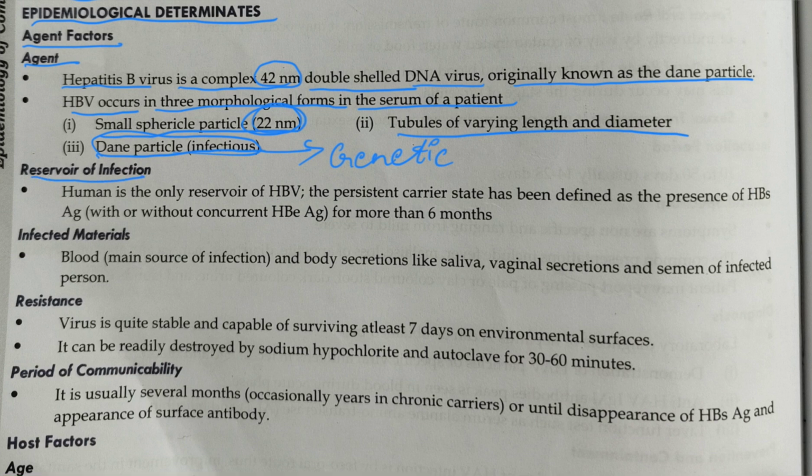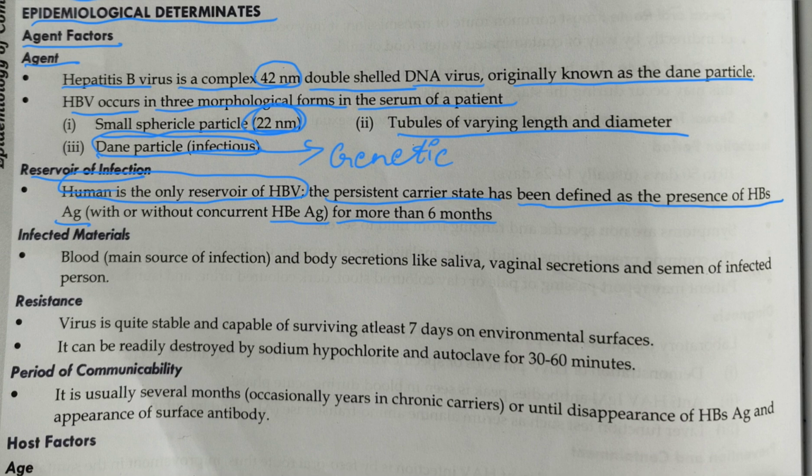Reservoir of infection. Human is the only reservoir of hepatitis B virus. The persistent carrier state has been defined as the presence of HBsAg, that is hepatitis B surface antigen, with or without concurrent HBeAg for more than 6 months. So let me explain this sentence. Human is the only reservoir of hepatitis B virus, hope this is clear.